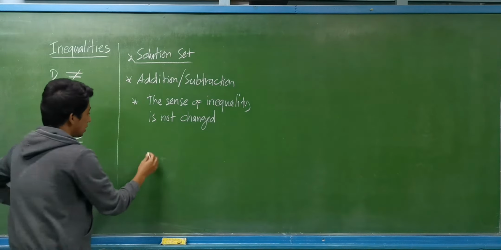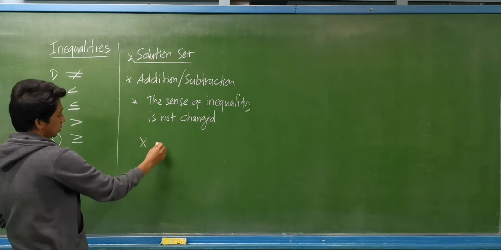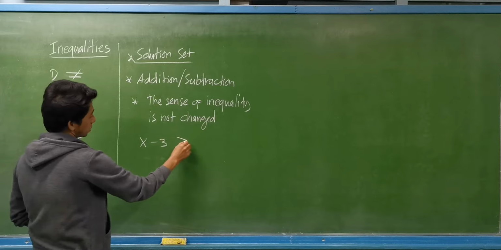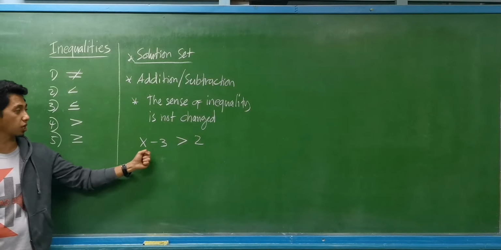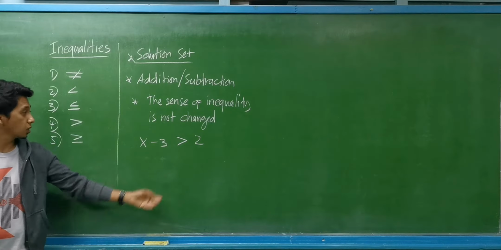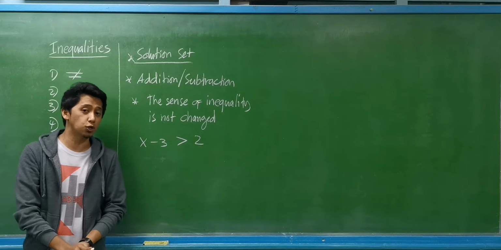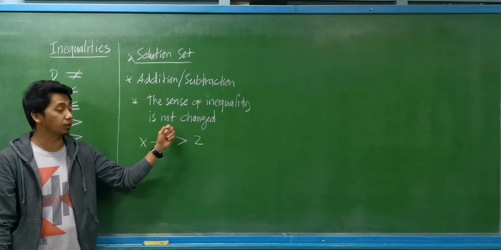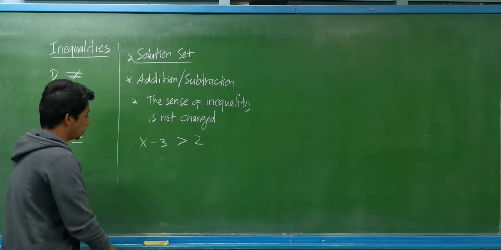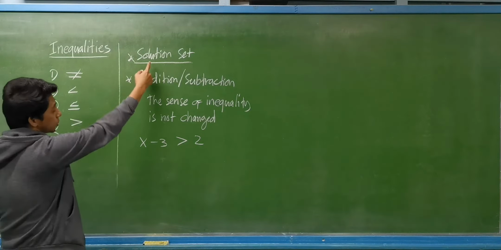For example, x minus 3 is greater than 2. If we add or subtract the same number on both sides, the sense of inequality is not changed. So how do we compute for the solution set?